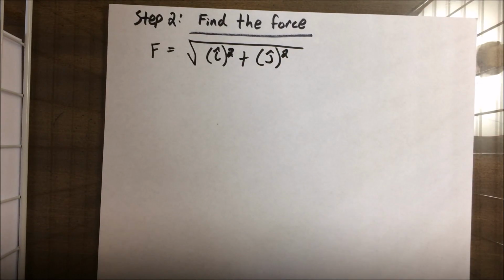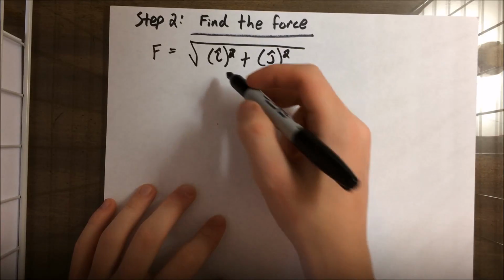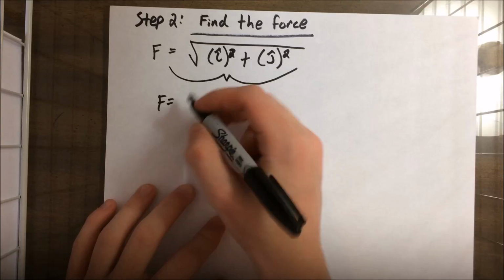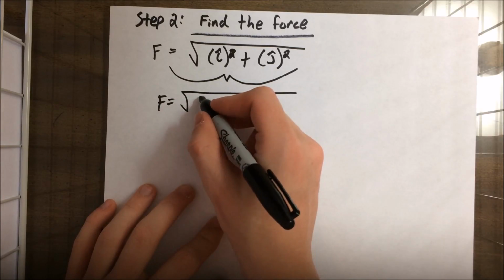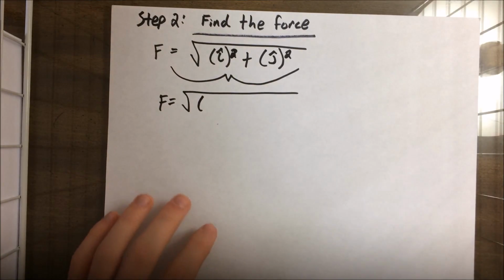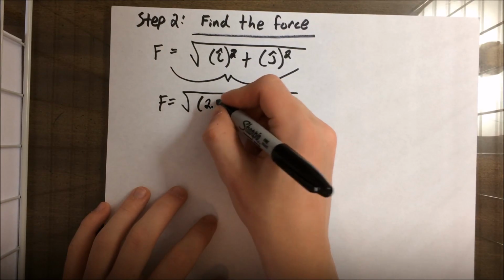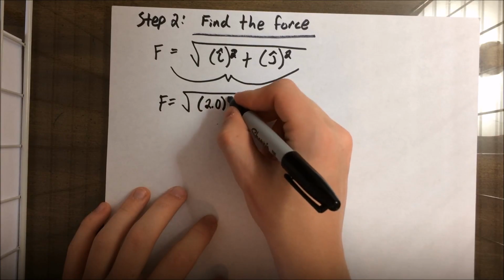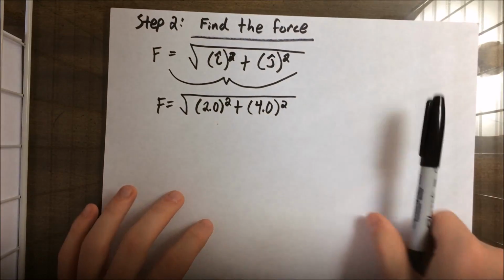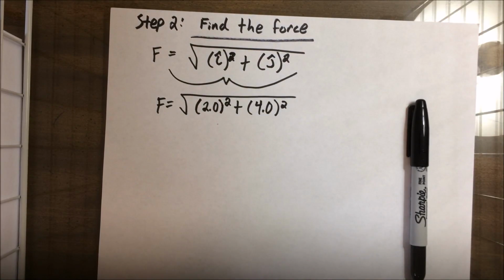So basically it's like the distance formula. It's basically the same thing. We're just finding the magnitude. So if we plug in, we get f is equal to the square root of 2.0 squared plus 4.0 squared. I'm going to pull up the original problem so you can see where I got that.